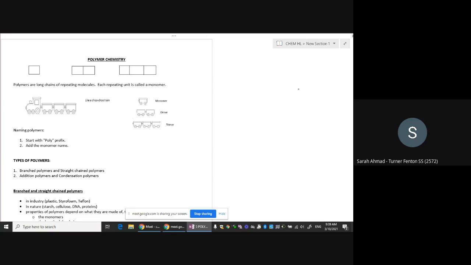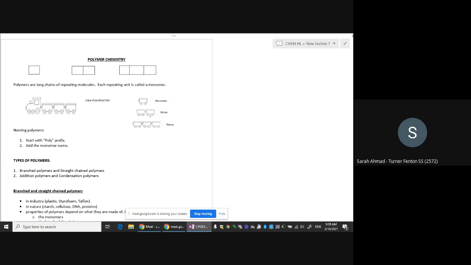So a monomer has certain functional groups, or has the functionality or the ability of joining to other things. If you look at my choo-choo train, a choo-choo train has 3 cars, but it can be elongated.